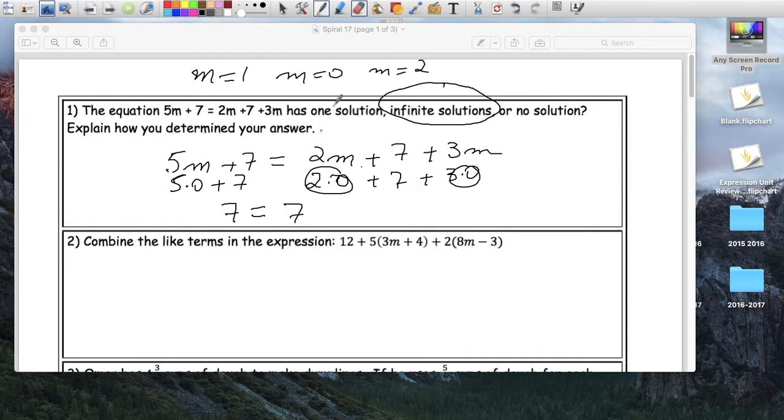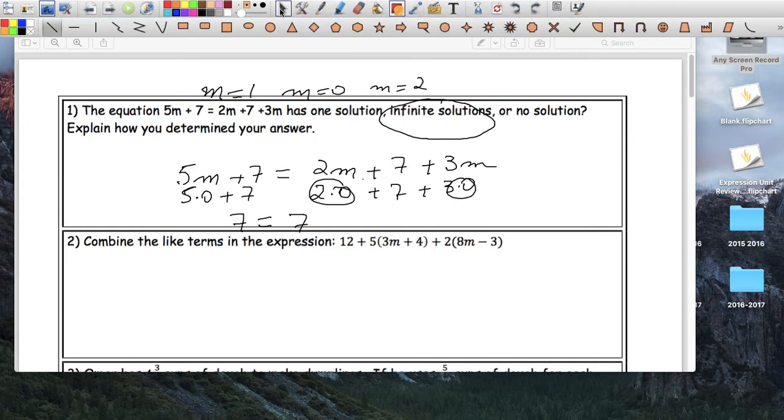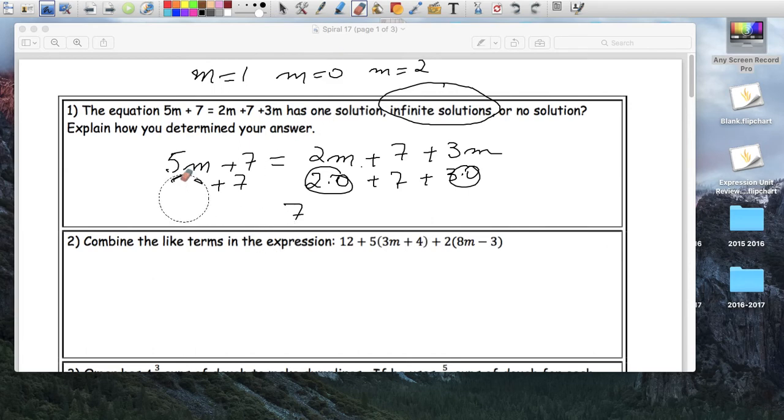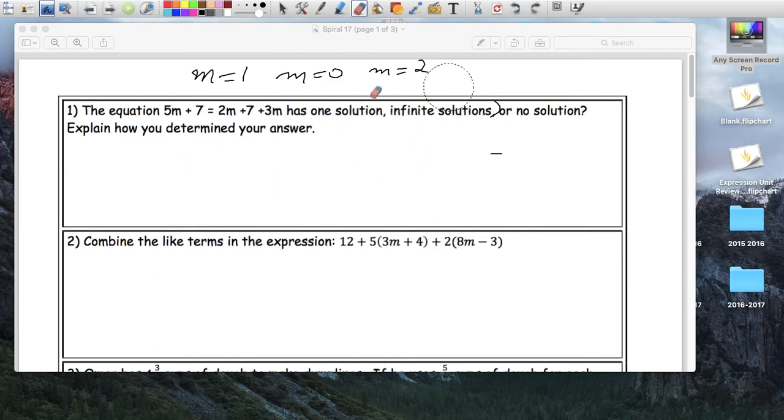So it worked for 0 as well. And guess what? It will also work with 2. So this particular equation, 5m plus 7 equals 2m plus 7 plus 3m, has infinite solutions. One way of trying it is just selecting a few random values for m and substituting. In this case it just worked out.